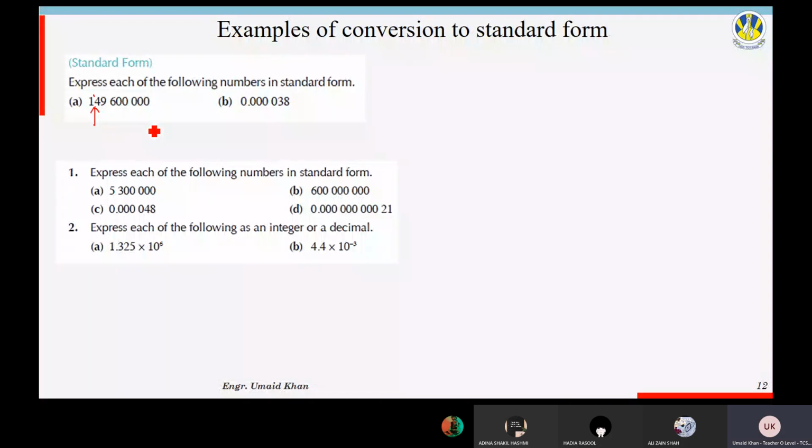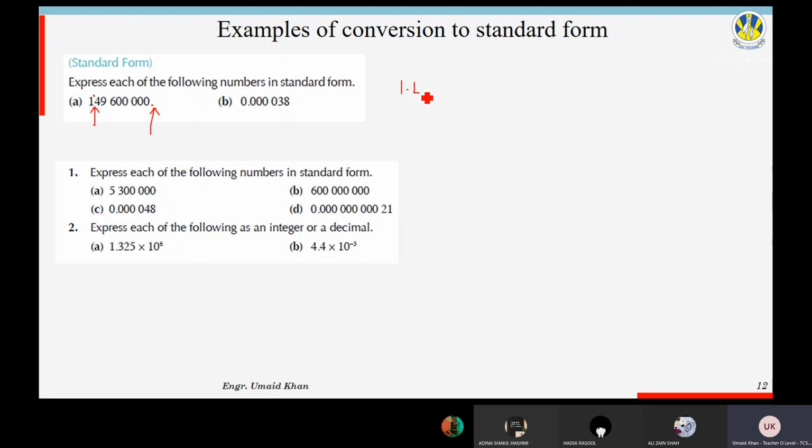Where do you think the decimal is? Sir, after the zero? After all the zeros. Yes, very good, excellent. If the decimal is not shown in the number, it is at the extreme right. So the decimal is lying over here. Now I want to move this decimal to the left.